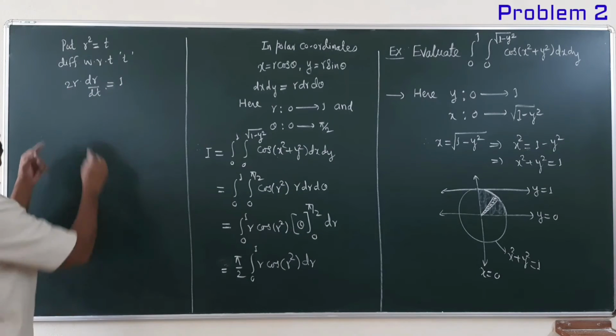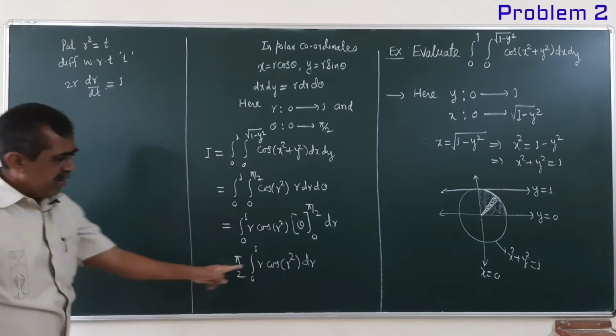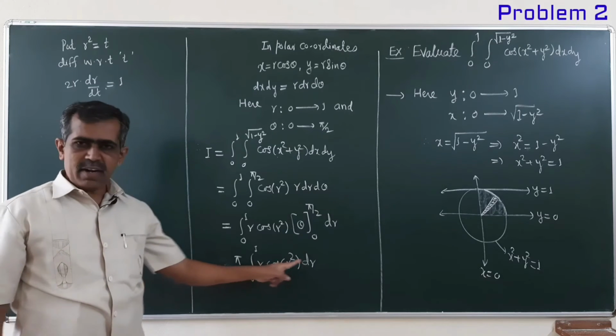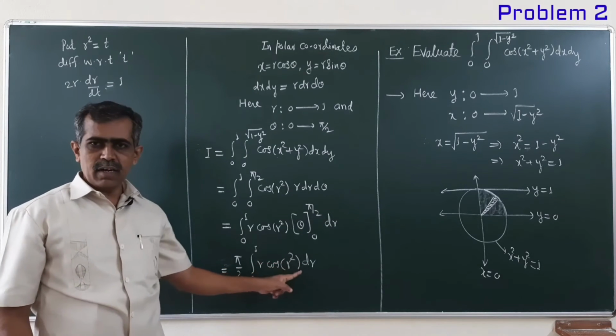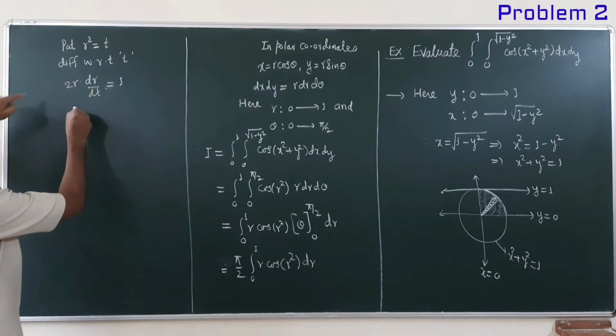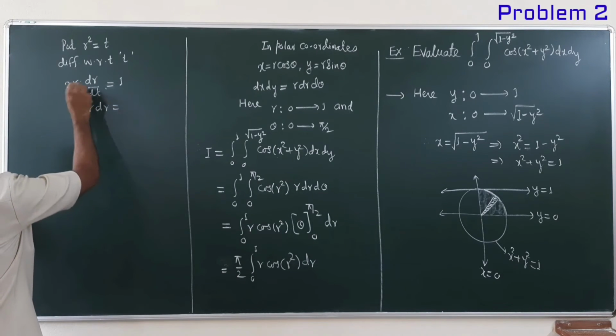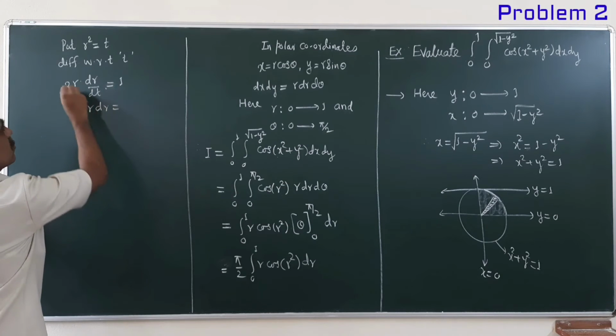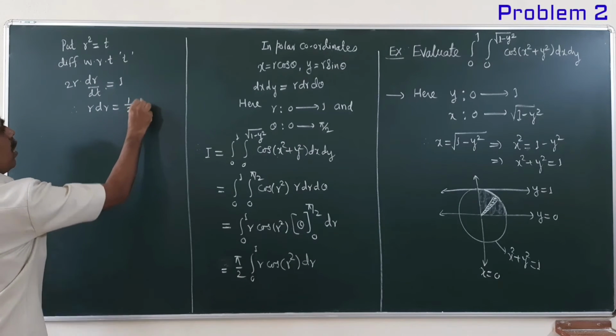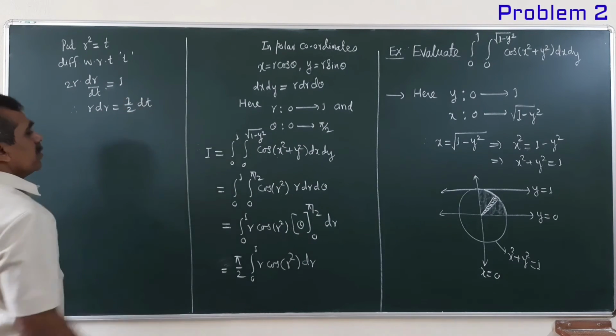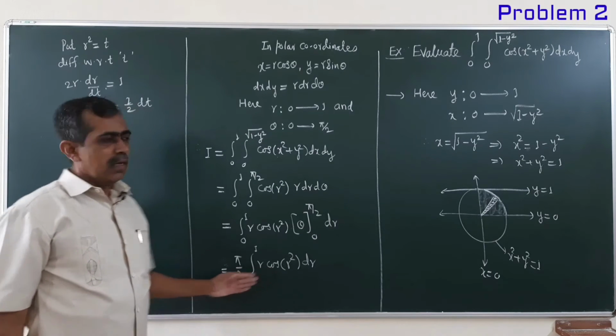My integral consists of r dr, so take this 2 to the other side: r dr is half dt.